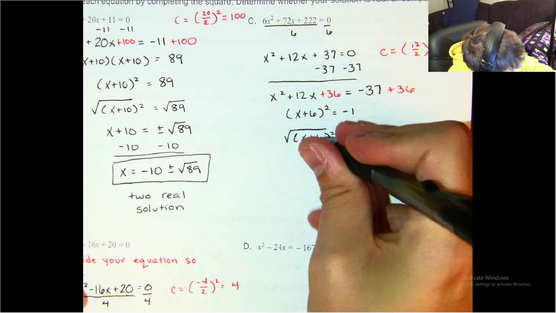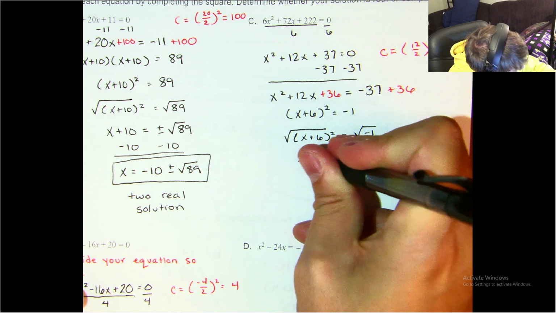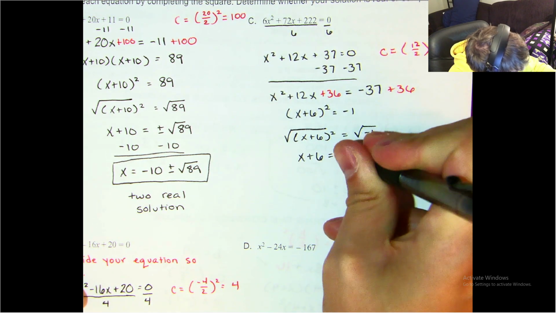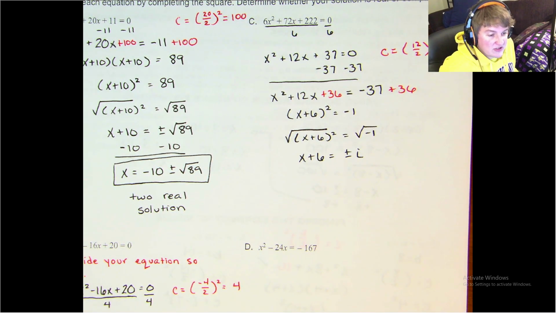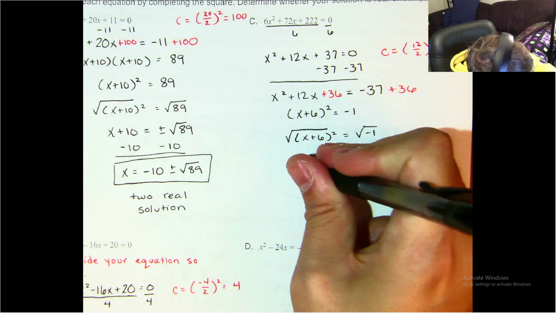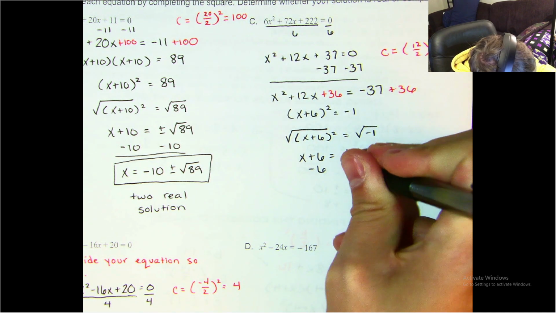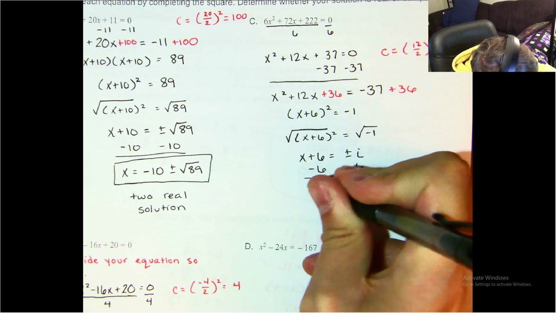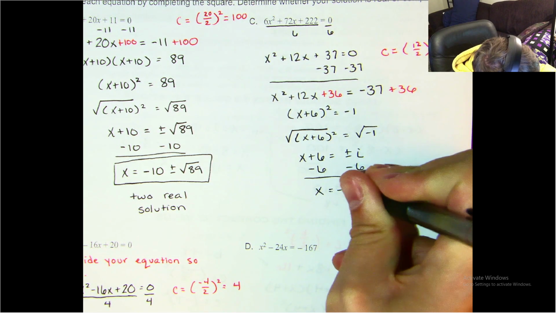That's just going to completely undo that. So I'm going to get x plus 6 is equal to plus or minus i. If you refer back to section 4.4, the square root of negative 1's actual definition is i. Then I can go ahead and solve for x by subtracting 6. So I get negative 6 plus or minus i.